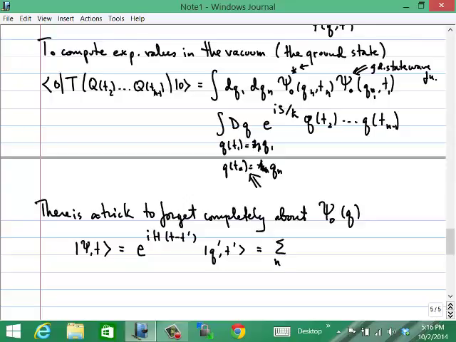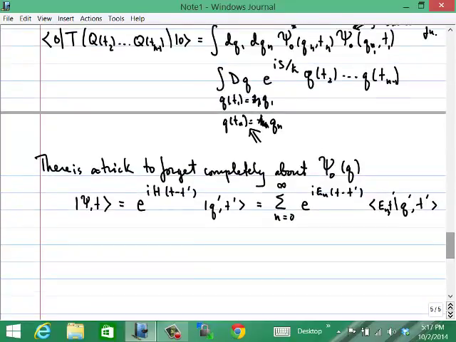You would sum over all energy eigenstates, so let's just label them by some label that I'll call n, of e to the i E_n (t minus t prime), times the overlap between one of these energy eigenstates and the state q prime at time t prime. Okay, so I haven't actually done anything yet. I'm just imagining expanding in a set of energy eigenstates.